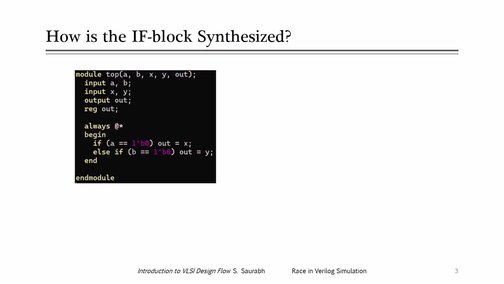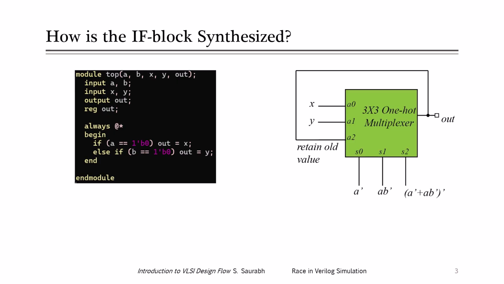Given this RTL code, its functionality can be conveniently represented using a 3x3 one-hot multiplexer. Now what is a one-hot multiplexer? A one-hot multiplexer can contain n data lines and n select lines. Suppose these are your select lines and these are your data lines.